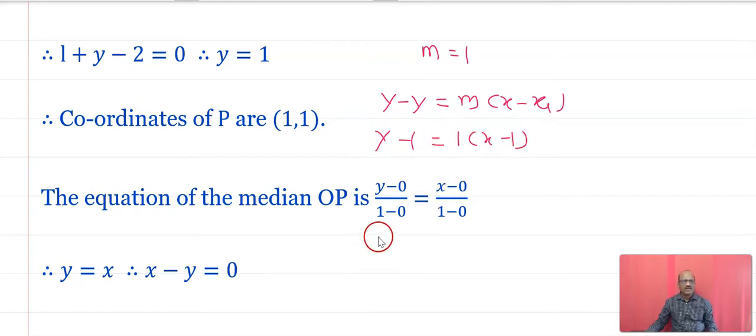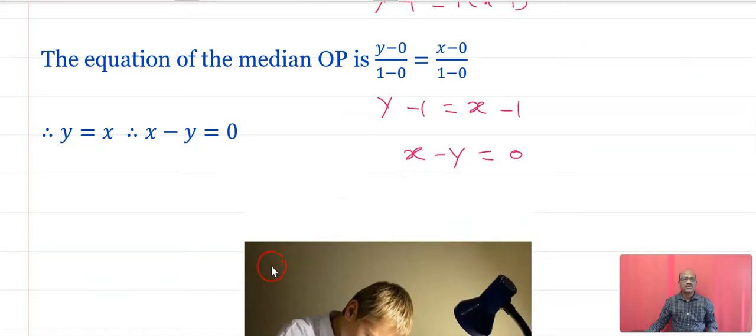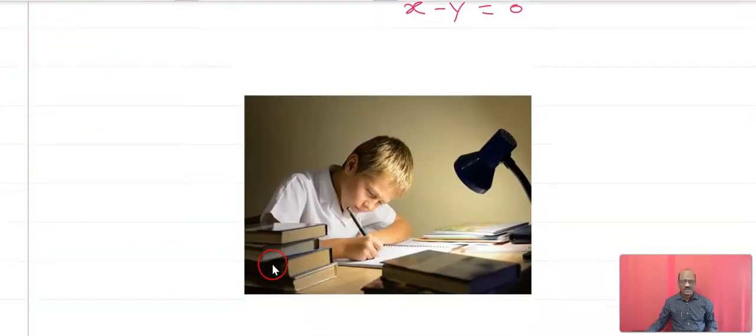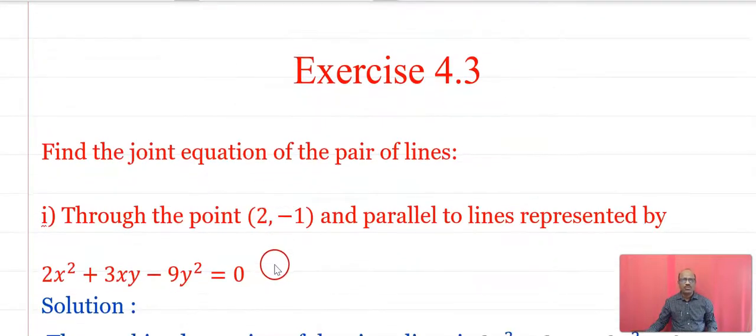Then you will get y minus 1 equal to x minus 1. Plus 1 and minus 1 on both sides get cancelled, and you will get x minus y is equal to 0. This is the equation of the median. Now we'll start the exercise 4.3.